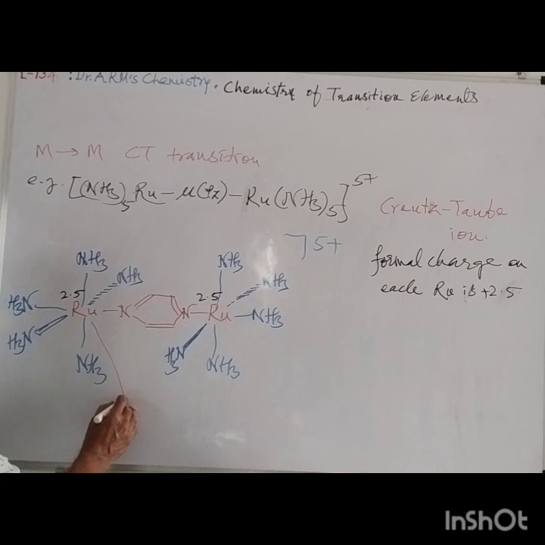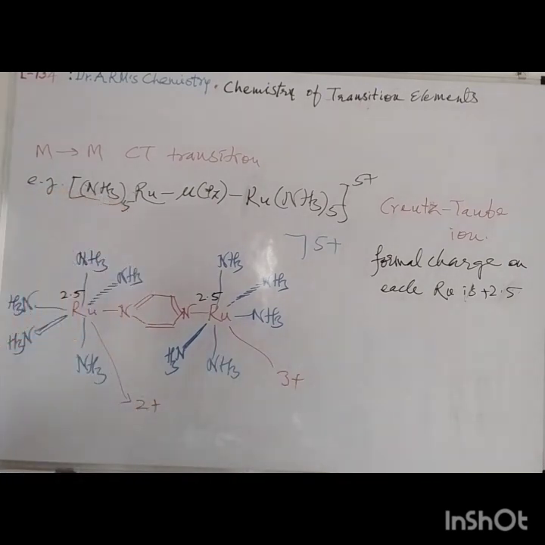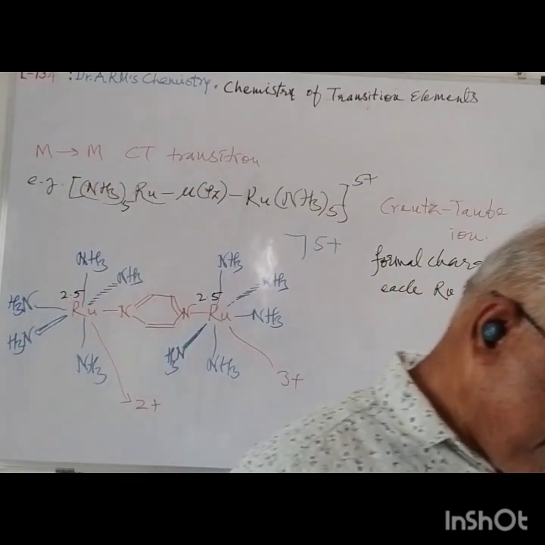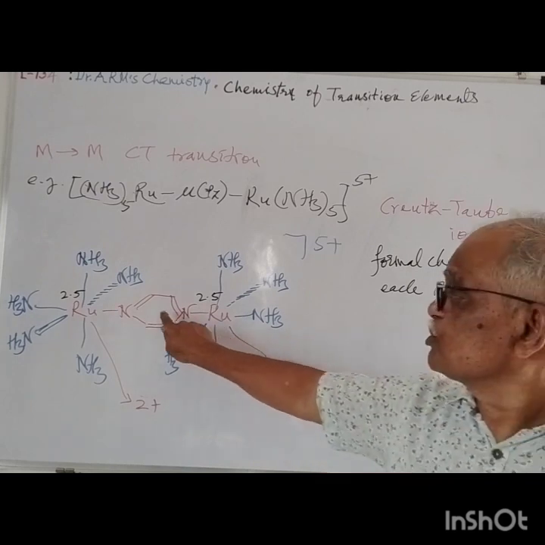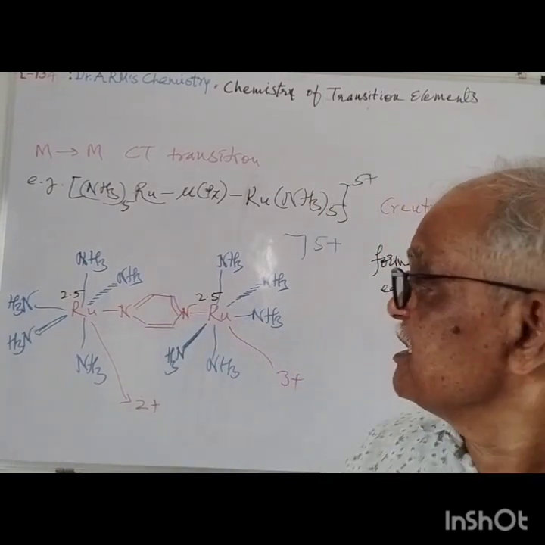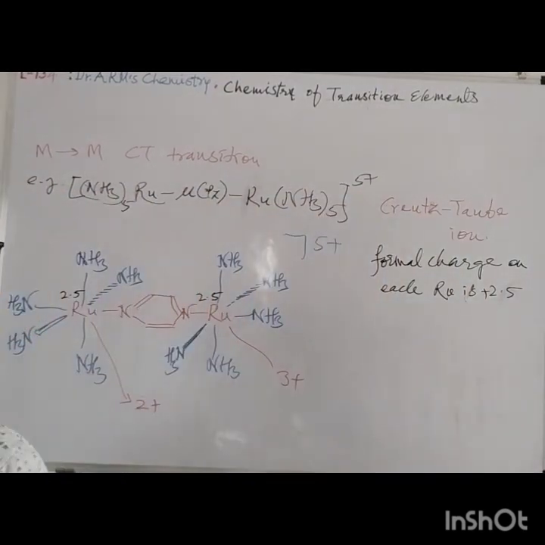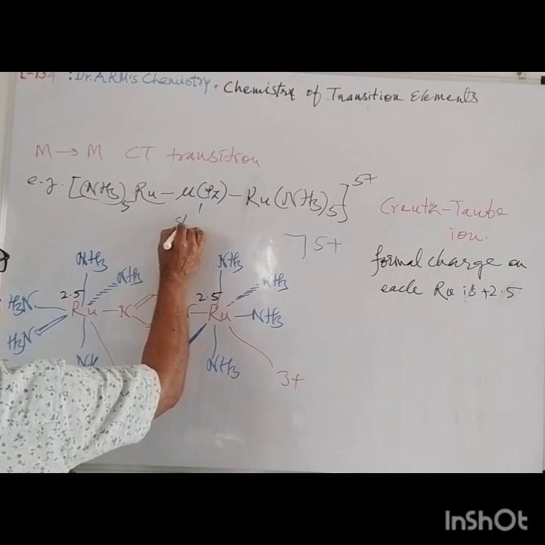So after charge transfer, this becomes 2 plus and this becomes 3 plus. So this is a shorter bridge. The charge transfer is possible between the metals because this pyrazine is a short bridge.